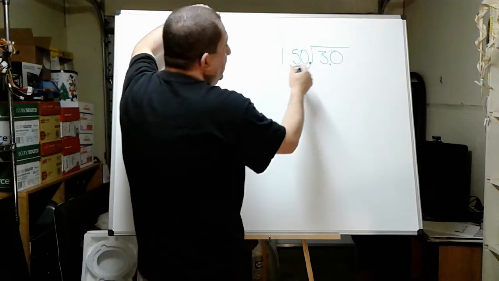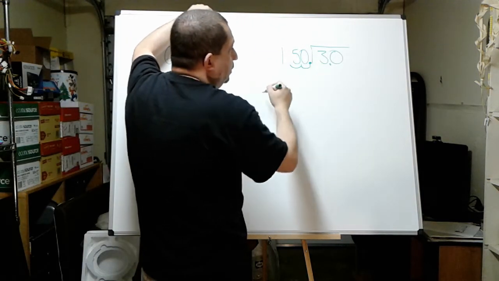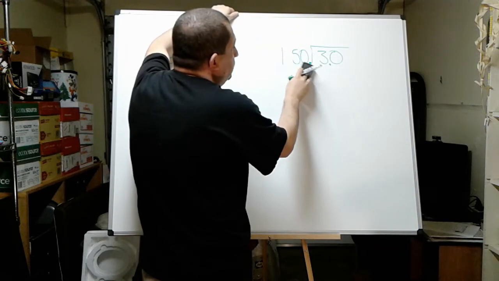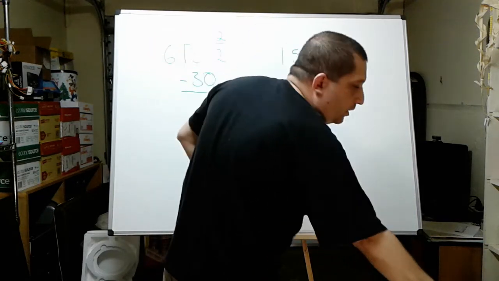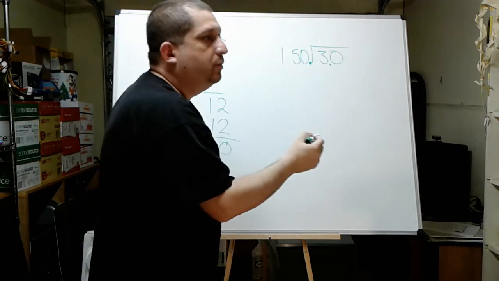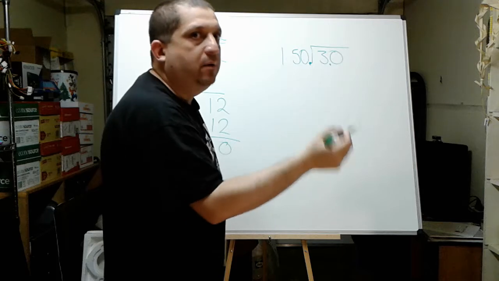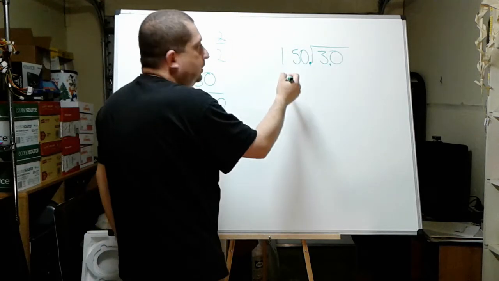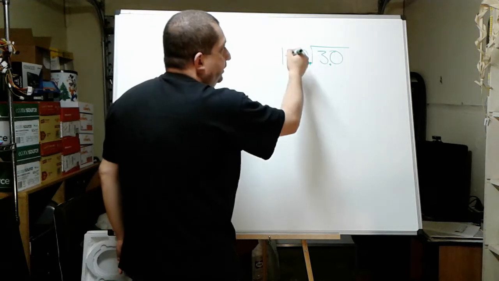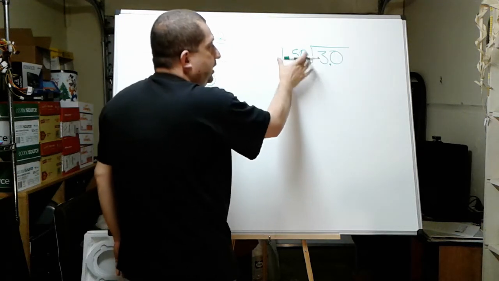Okay, so right here now I have 150. This number is outside of the division house. So once again, I cannot do a division with a decimal number outside of the division house, so I will move this decimal period to the right and turn this into a whole number, 150.